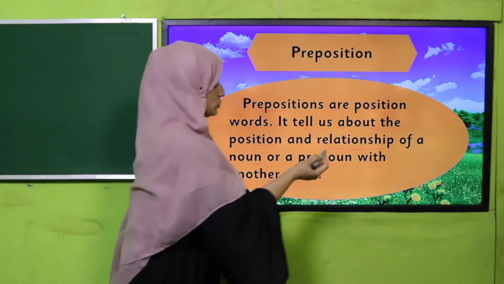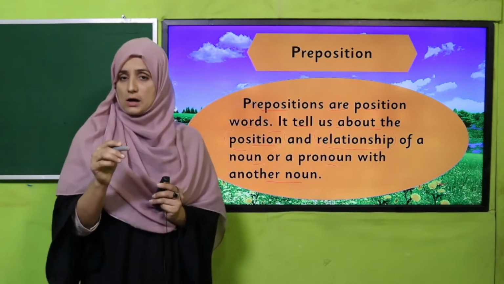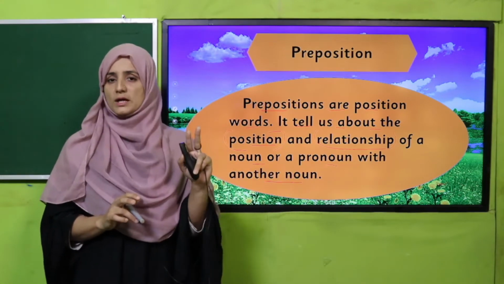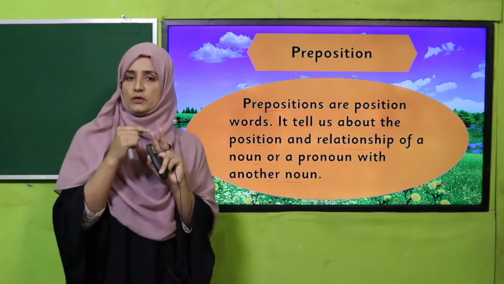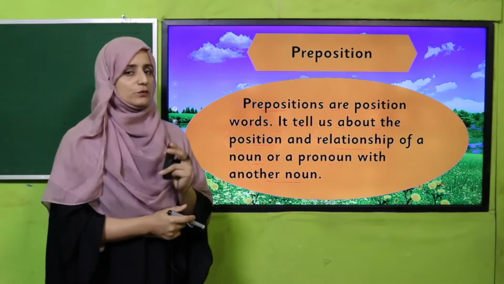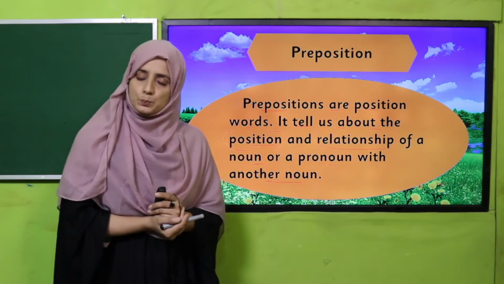So you try to understand, my dear students, the relationship and position of a noun with another noun. There will be two nouns, okay? Their relationship with a noun to another noun. Then such type of words will be understandable as prepositions.